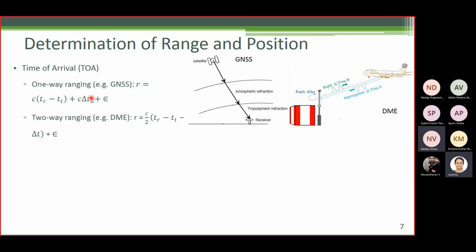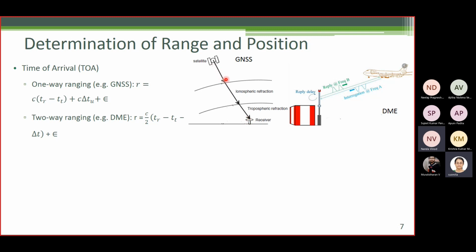Yeah. See, this one accounts for inaccurate calculation of time of reception. There are other errors as well. As we go on, this will be clear. So there will be noise. Whenever you are making measurements, depending on the surrounding environment, some noise, unwanted signals, etc. will also be received by the receiver.